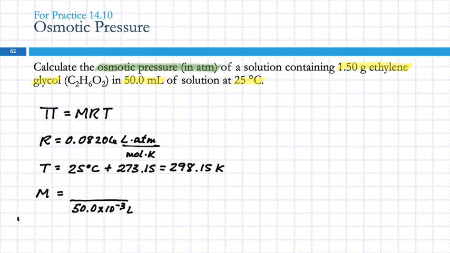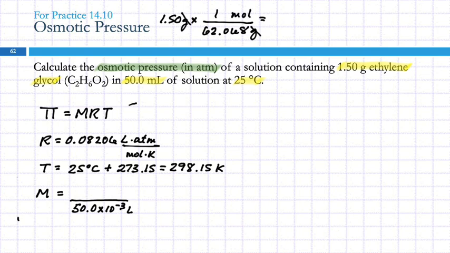So now we just need to do moles of ethylene glycol. So 1.50 grams of EG, and we previously calculated this. The molar mass was 62.068 grams per mole.